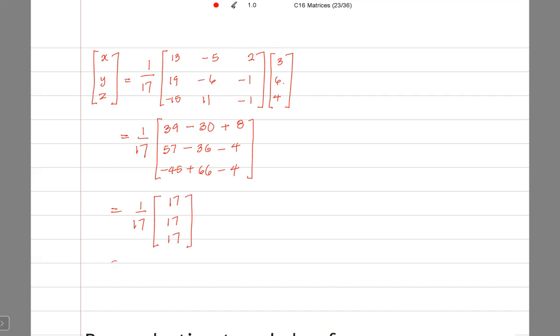So x, y, z would be equal to 1 over 17 times 17, which is 1, 1, 1. So the solution for our system of equations is x is equal to 1, y is equal to 1, and z is equal to 1.